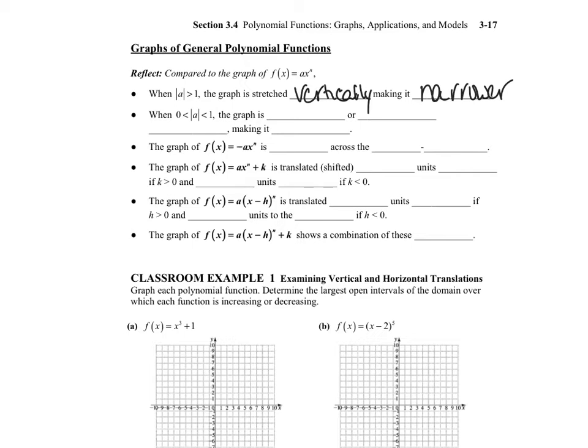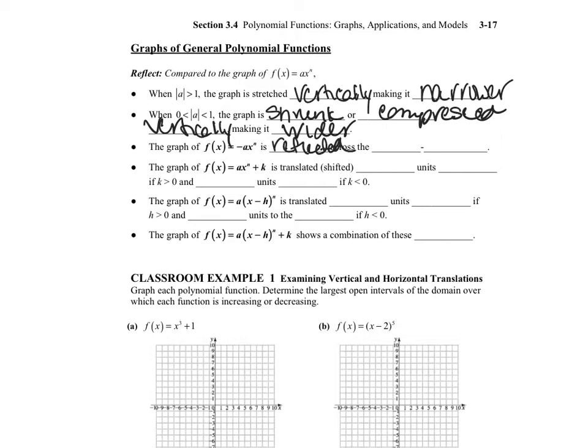If 0 is less than a, less than 1, the graph is shrunk or compressed vertically, making it wider. If the negative is in front, it's reflected across the x-axis.